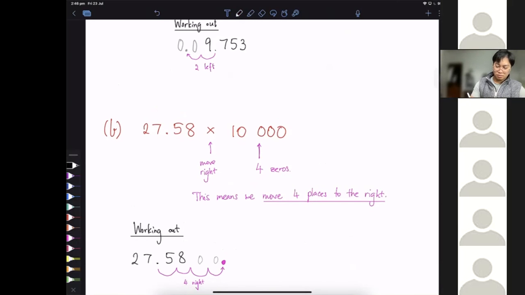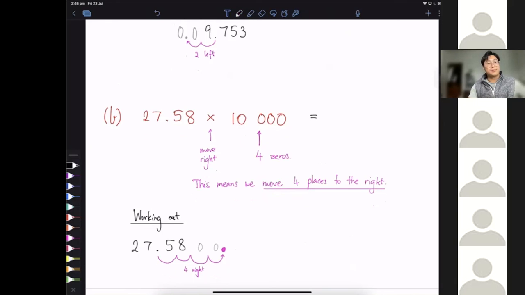Okay. So what's our final answer here? Can you type it in the chat? Type the number in the chat.